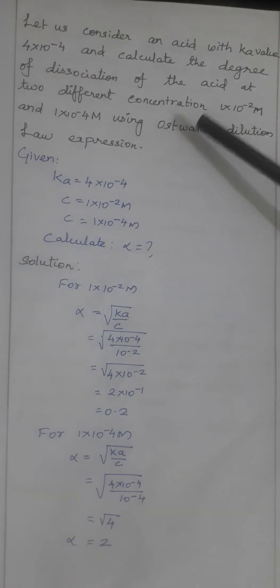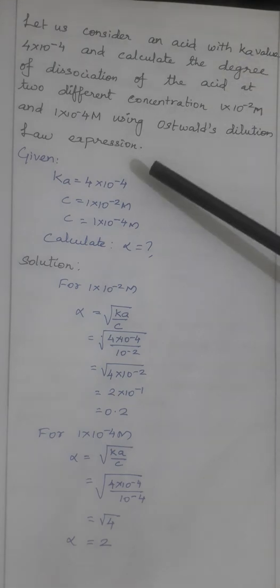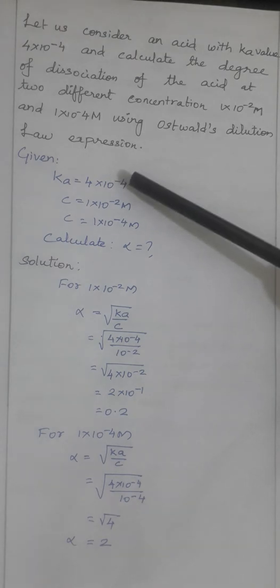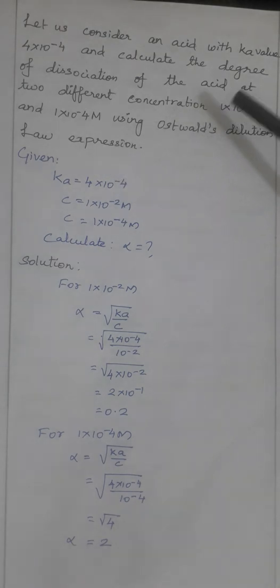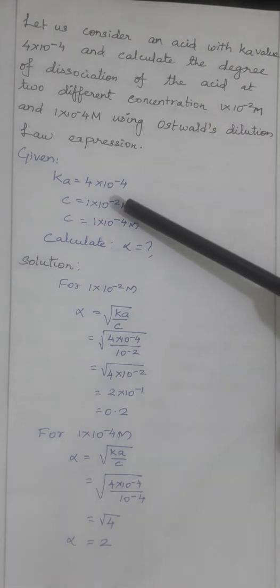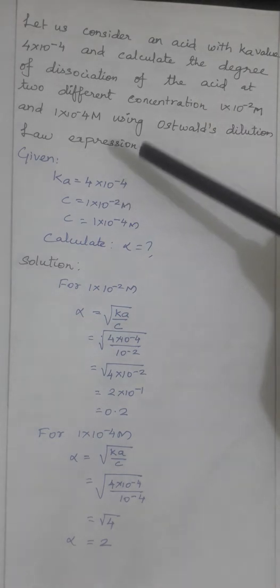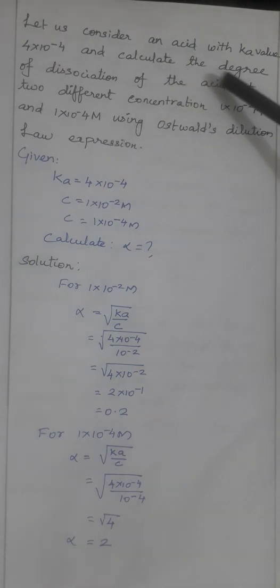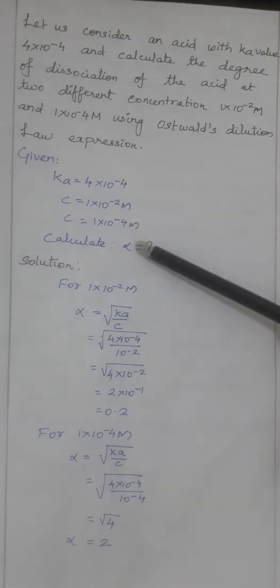What is given? Ka is equal to 4 into 10 power minus 4, and two different concentrations are given. First concentration 1 into 10 power minus 2, the next concentration 1 into 10 power minus 4. So calculate the degree of dissociation.